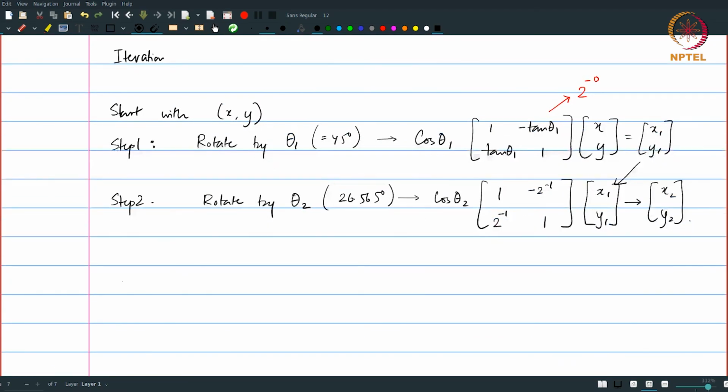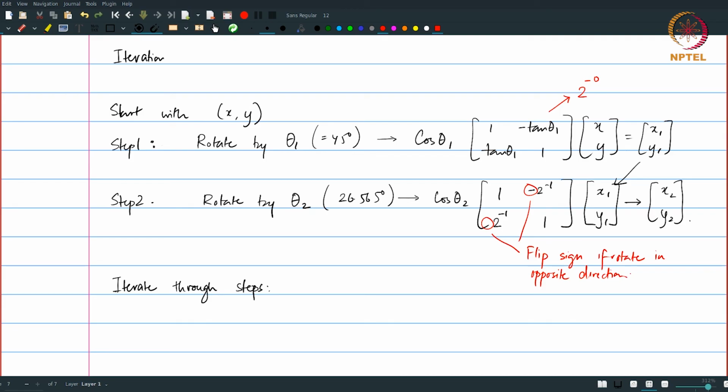If I iterate through many steps, of course what I would need to do is change the sign of theta 1 or theta 2, or change the sign of the tan theta component, if I want to rotate in the opposite direction for convergence.